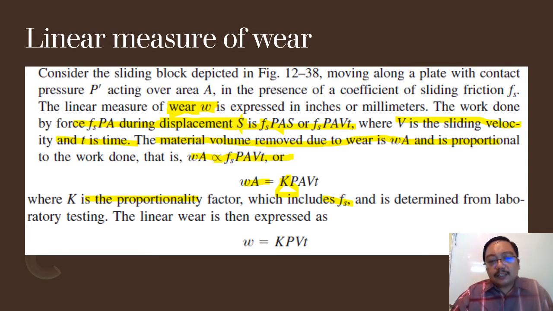The linear wear is expressed as w equals K P V t. Here w is linear wear, K is the proportionality factor, P is the pressure, V is the sliding velocity, and t is the time.